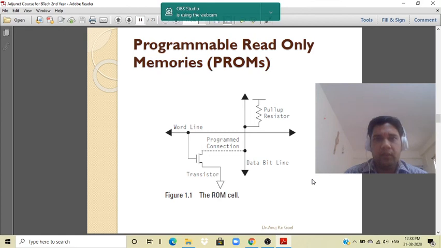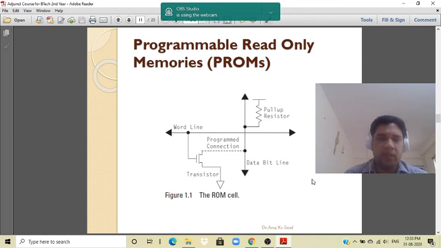When the ROM is not programmed, it will give the value 1. Logic 1 is given when there is no connection at the ROM cell. So on the pull-up resistor we have the high potential, which means logic 1. It will give the binary 1 value. When we make a connection from the MOS cell, you are seeing here one dashed line. A dashed line means it is a programmed connection.